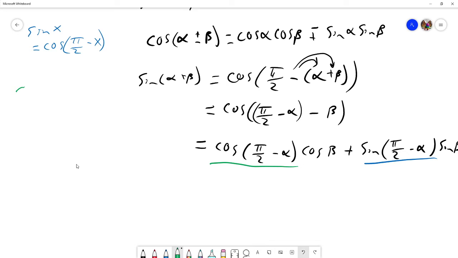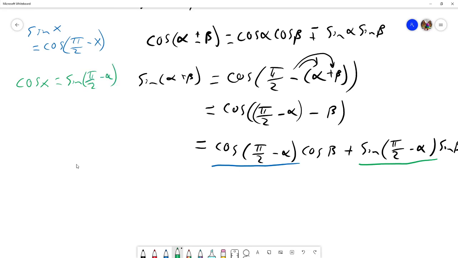Actually no, I had that backwards. Oops. So this cosine of pi over 2 minus alpha, we already stated what that was, because that's just going to be sine alpha using our cofunction identity. So now we need to figure out what this is. And this is one of the other cofunction identities. So cosine x is equal to sine of pi over 2 minus x.